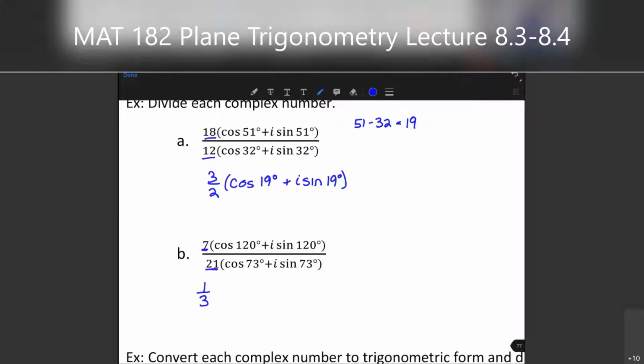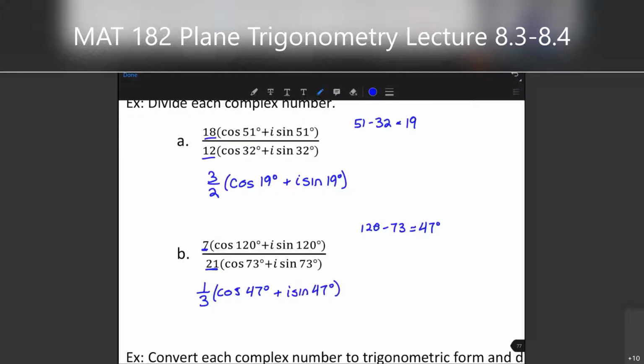Yep, that looks good. Yep, 47. So 120, and we'll subtract the 73. That looks great. Excellent job. So cosine, make sure we have that parenthesis there, cosine of 47 plus I sine of 47. Excellent work.